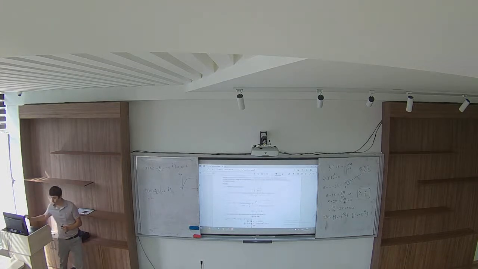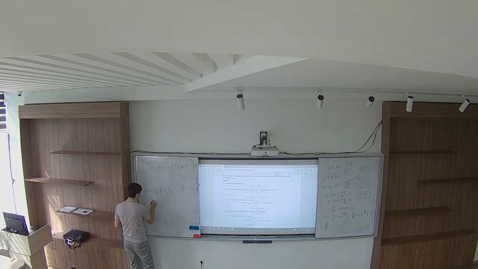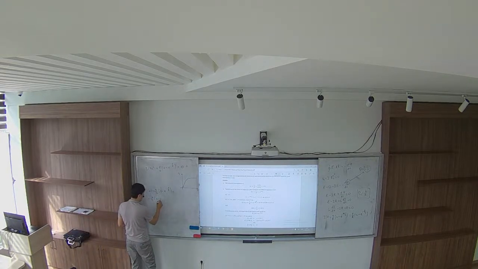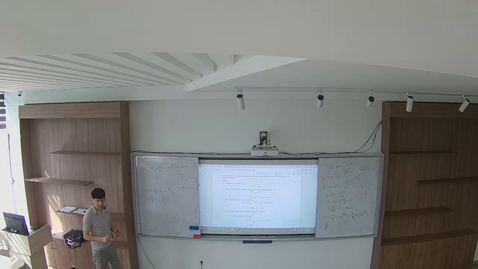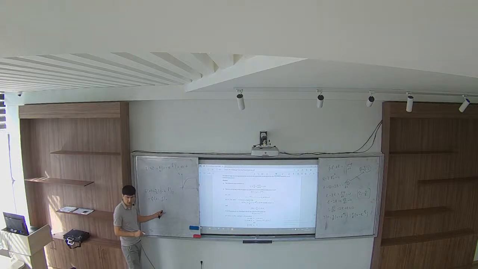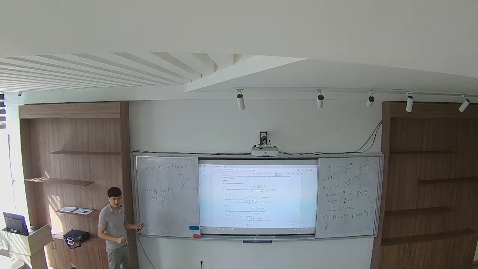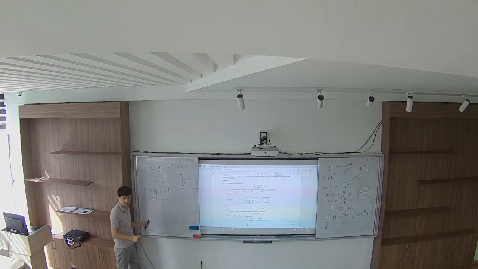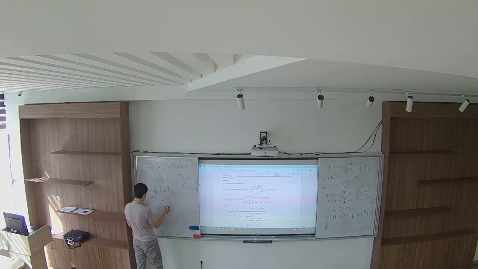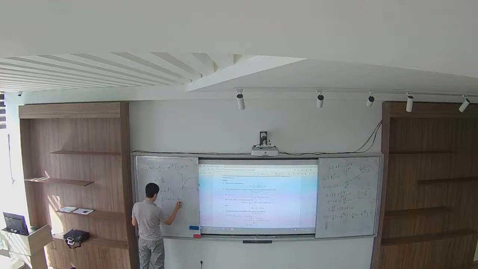R is 4. So 2 divided by 4 times 1 minus 1 over e squared. So e to the power of minus 2 equals 1 over e squared, right? So what do we have? 0.5 times 1 minus 1 over 2.7 squared.